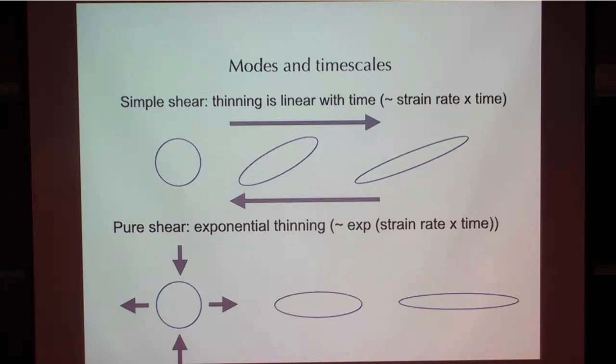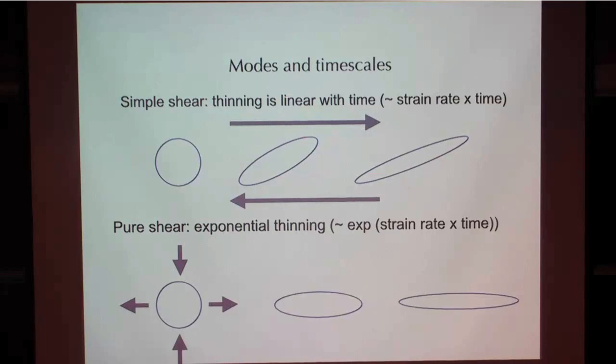Okay? So one thing to note about this, and I'm not going to go through all the mathematics of it, but I just want to point this out, is that these are concepts borrowed from structural geology, right? So in a simple shear situation, which is essentially what he was showing you, where we have a box or a tank of fluid and we're shearing one end one way and the other end the other way, then our blob of dye here is going to be stretched and rotated.